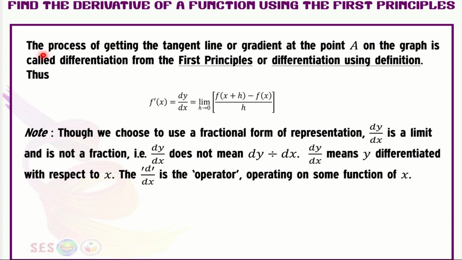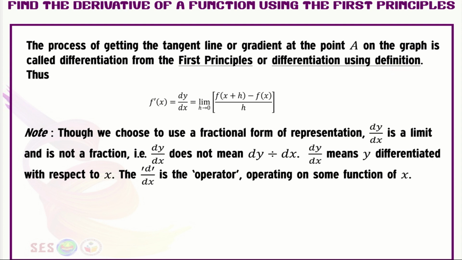So the process of getting the tangent line or gradient at the point A, the one that we referred to in the previous graph, is called differentiation from the first principles, or differentiation using definition.